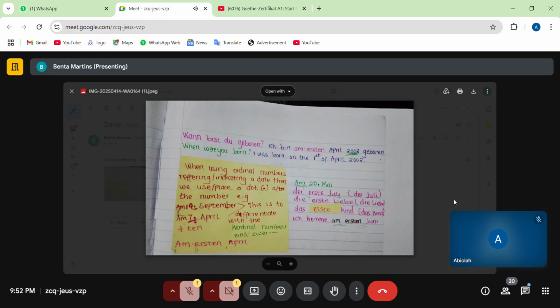April. This is only to differentiate the cardinal and the ordinal numbers.